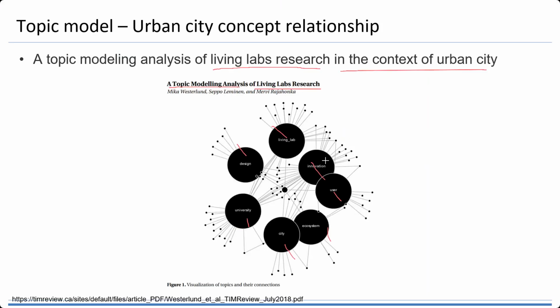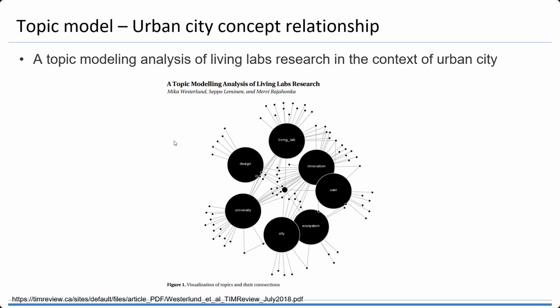From those 7 topics, they want to look at what the important keywords are based on the topic. For example, the topic about design. This is another topic which is related to living lab and so on.